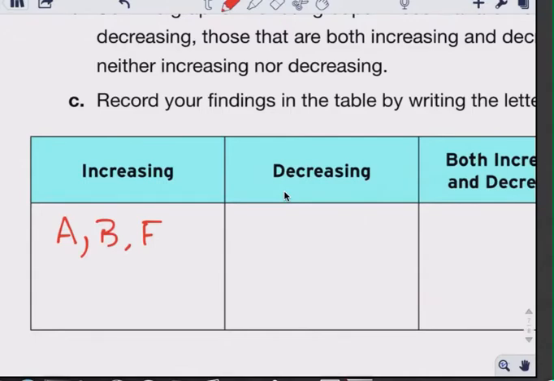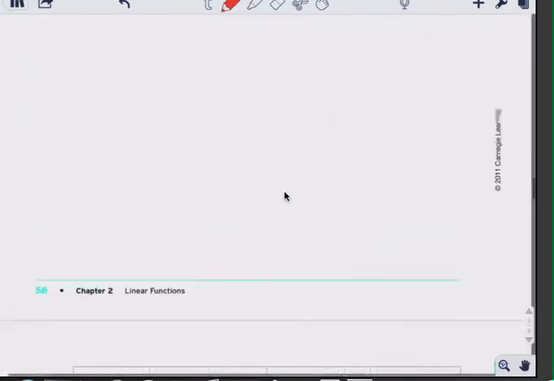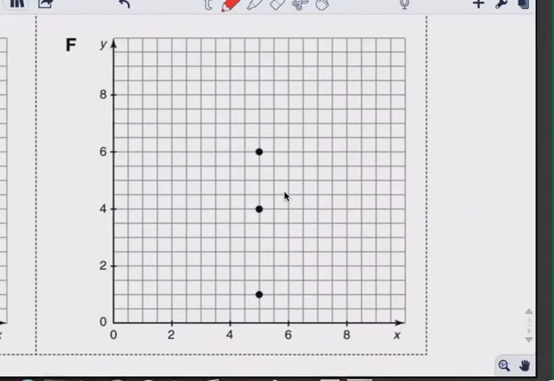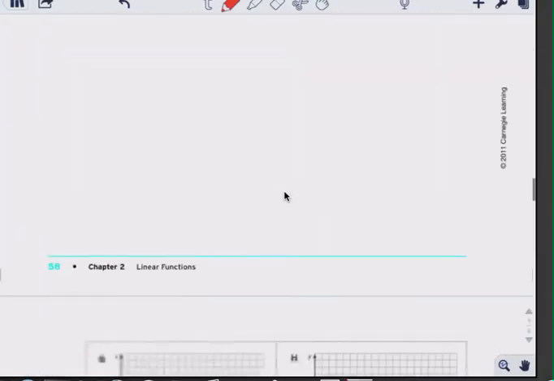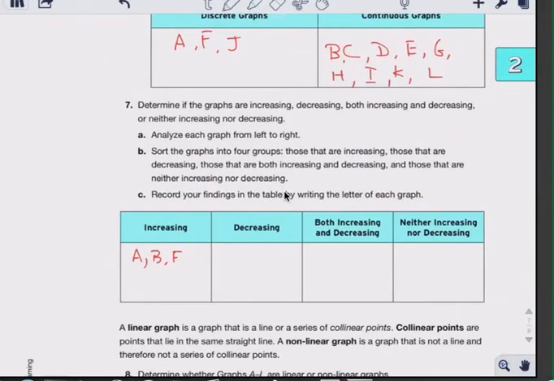Look at F. What did I say about F? Is this F increasing? No. Is it decreasing? No, it is neither. Sorry. F is neither. F goes to neither. Okay?